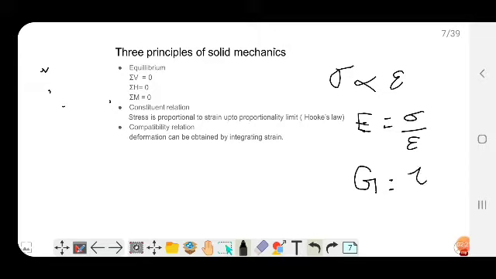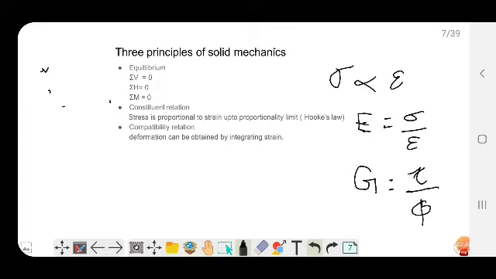Shear stress is denoted by tau and shear strain is denoted by phi, which is the angular displacement. And if pressure is applied on a non-rigid body, it undergoes volumetric strain.